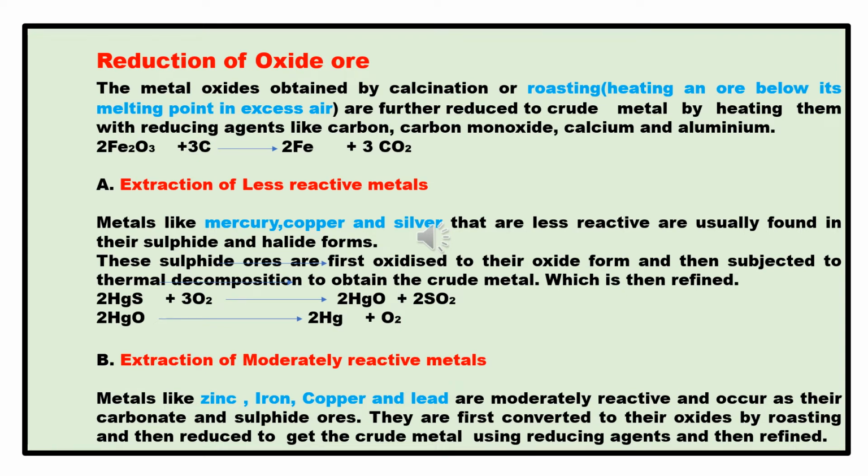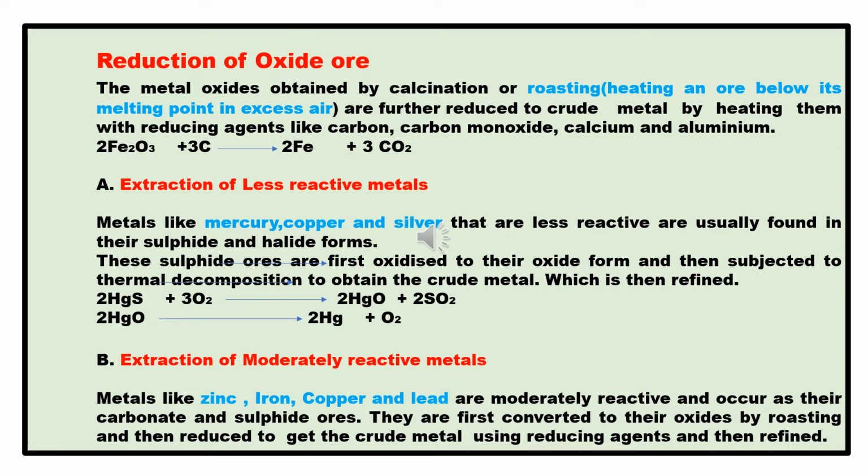If the metal is less reactive, there is no need of undergoing a long process of reduction. If we heat it again, the oxide or the sulfide ore first converts into oxide ore, and if we heat continuously, the oxygen will be removed from that and we get the metal. But in the case of carbonate ores and some sulfide ores of moderately reactive metals, we have to do the process of reduction, using reducing agents.